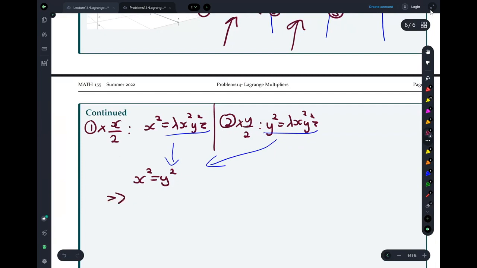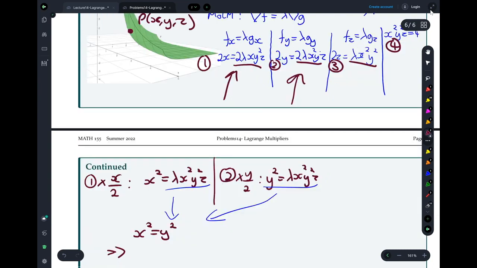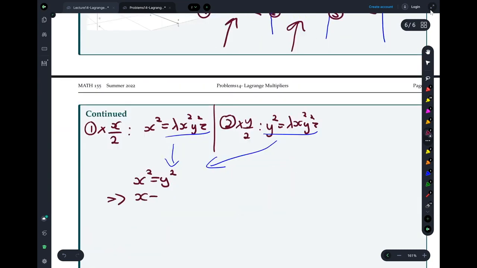And because we're told in the question that we're in the first octant, that just means that x is greater than 0, y is greater than 0, and z is greater than 0. So that means that x must equal y, because we can't have negative values. This is because we're in the first octant. Okay, so we've made a bit of progress with our x and y now.